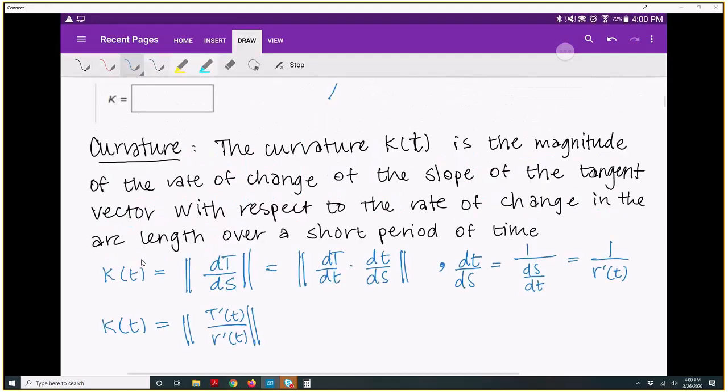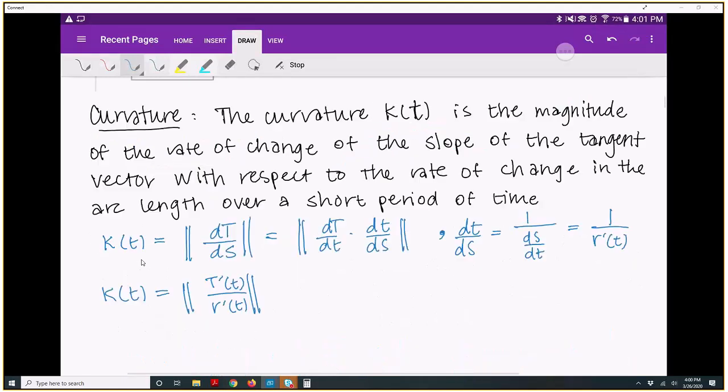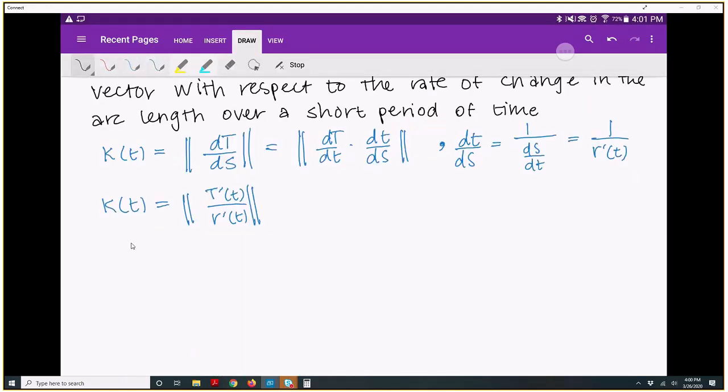Now we want to solve a problem. The given problem is finding the curvature when r of t is 6 cosine pi t i cap plus sine of pi t j cap. So r of t is 6 cosine of pi t i cap plus sine of pi t j cap.